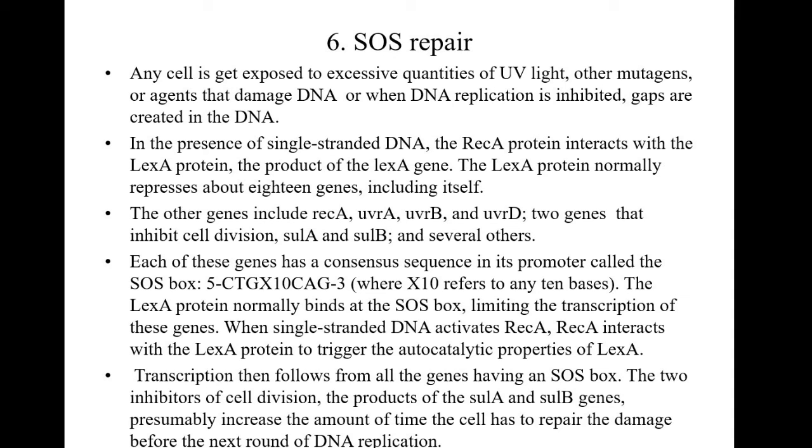The last repair system is the SOS repair system. When any cell is exposed to an excessive quantity of UV light or other mutagen or chemical agent, it damages the DNA. Or when replication is inhibited, gaps are created in the DNA strands.